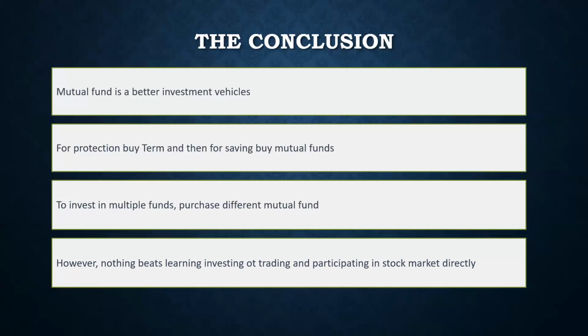Let me know in the comment section what your thought process is. Would you still want to go ahead with ULIP rather than mutual fund? If yes, why? What is the benefit of ULIP over mutual fund? There is not much. Is there a tax consideration? Maybe, because in ULIP the maturity benefit is completely tax free, if there is a certain proportion between the premium and sum assured.